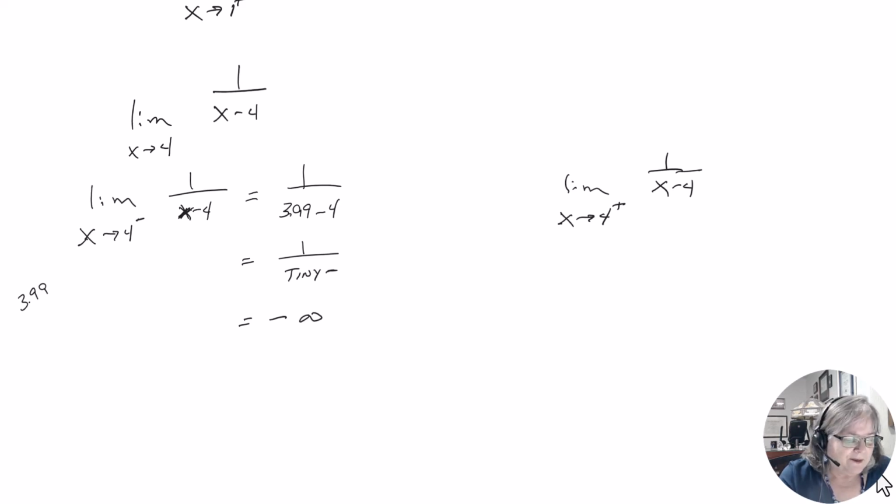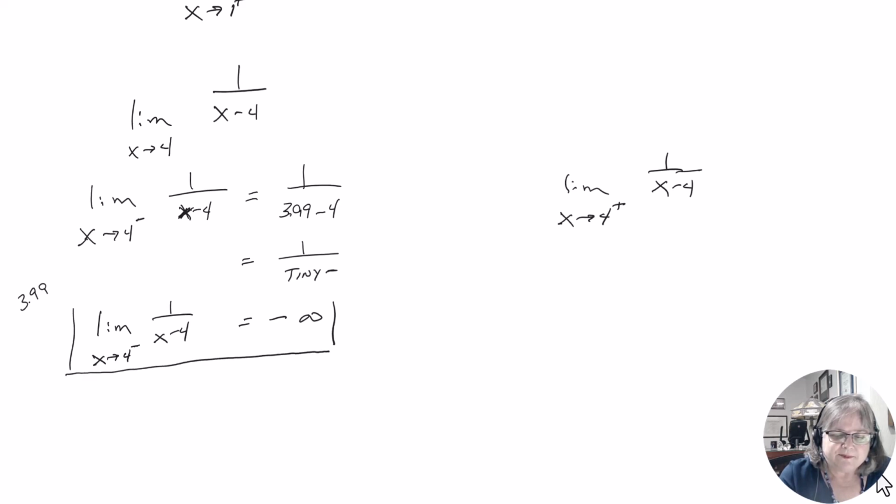So it's going to be negative infinity. So the limit as x approaches 4 from the left of 1 over x minus 4 is this. I'm not going to go ahead and box it in because they didn't actually ask me what the left-hand and right-hand limit was. They asked me what the two-sided limit was.